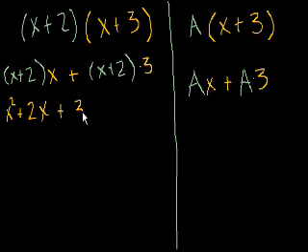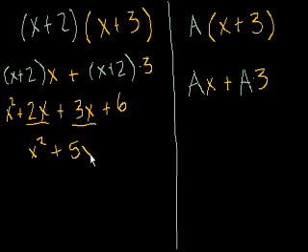Well, that's 3x. And what's 3 times 2? Well, that's 6. And now we're almost done. We have a 2x here and a 3x here. We can simplify and add those together. 2x plus 3x is equal to 5x. So x squared plus 5x plus 6.